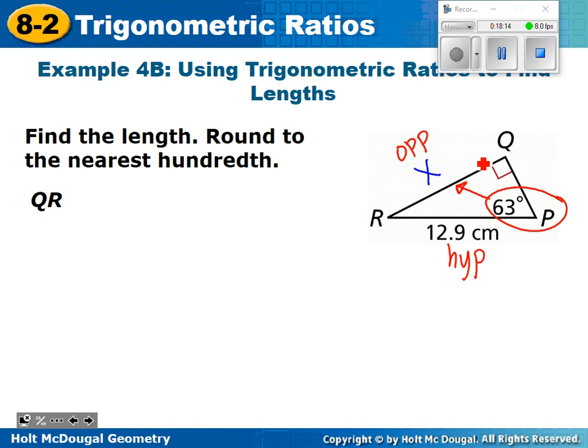So I'm going to use which trig function? Sine, because it is opposite over hypotenuse. So I'm going to do sine of what angle? 63. Always put your angle measure in there. Equals opposite x over 12.9 hypotenuse. It's always the opposite over the hypotenuse.